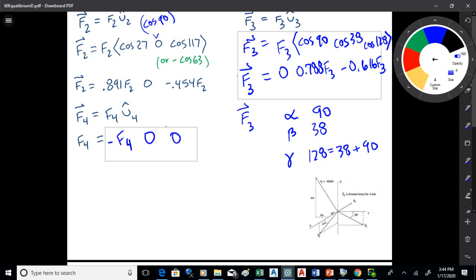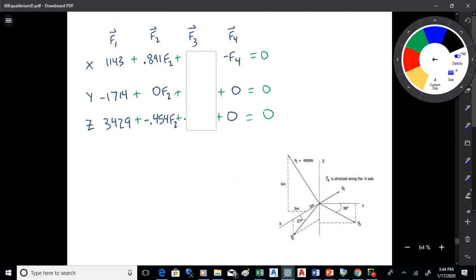So now we've got the vectors. What's the next step here once you've got the vectors? Yeah, build a matrix, put the vectors in columns. The rows then become the equations. Okay.